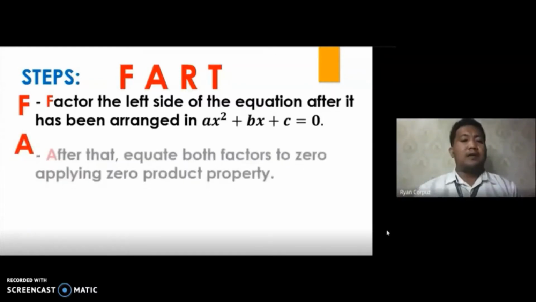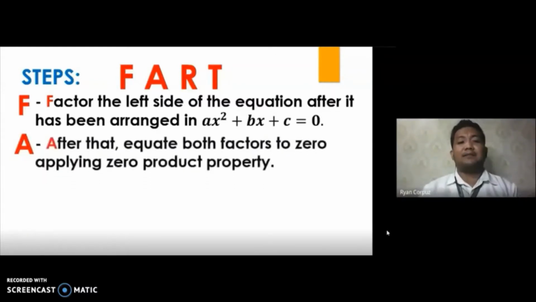So A stands for after that, equate both factors to 0, applying 0 product property. So I forgot to mention on the first step that we are going to factor that left side of the equation, which is that quadratic trinomial.